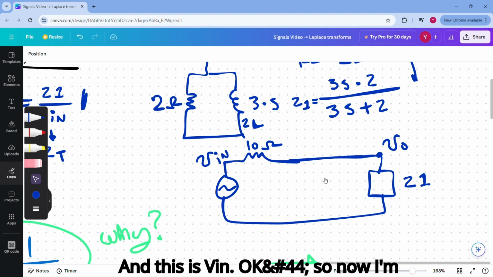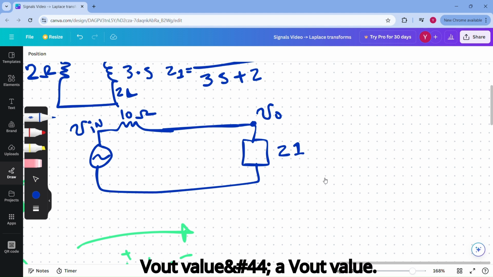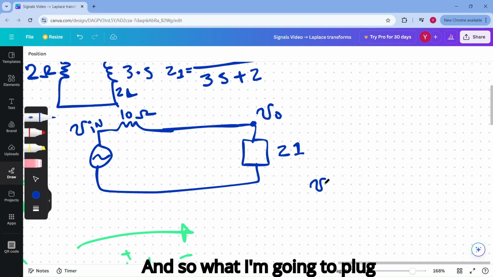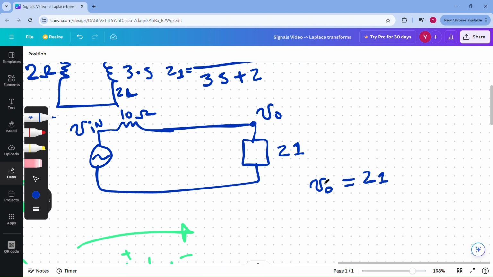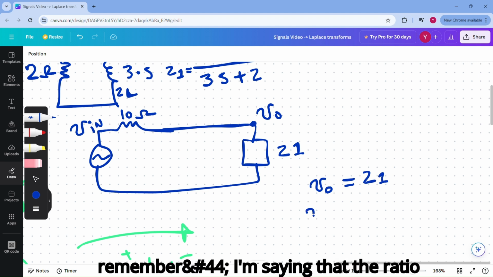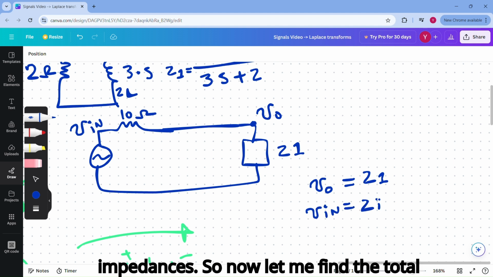Okay, so now I'm getting pretty close to solving my problem. I have my Vout value. And so when I plug in what I'm thinking for Vout, it's just going to be my Z1. And now I need to find that Vin. And remember, I'm saying that the ratio is going to be proportional to those impedances.